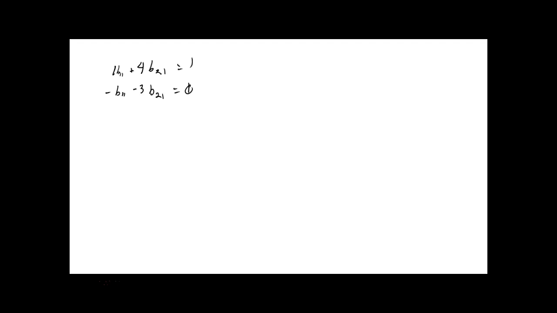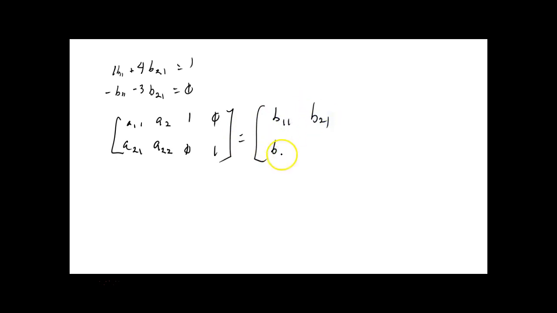If you put that together like this, we had A11, A12, A21, A22, and then the first was a 1, 0, and the next was a 0, 1. And then you did row reduction, you'd have gotten the same thing. And what you wound up with was your B11, B21, B12, and B22.